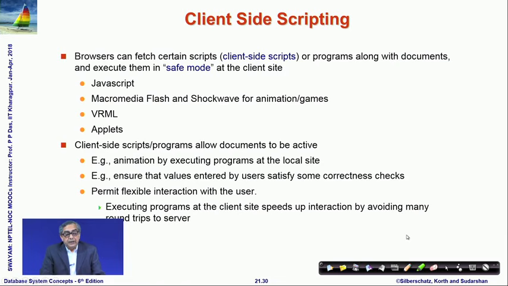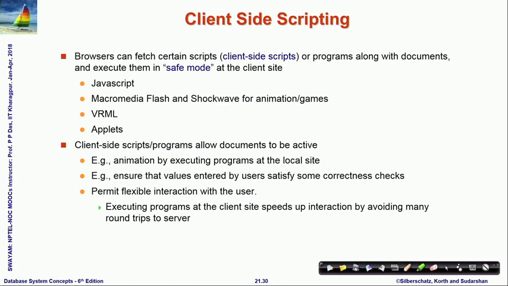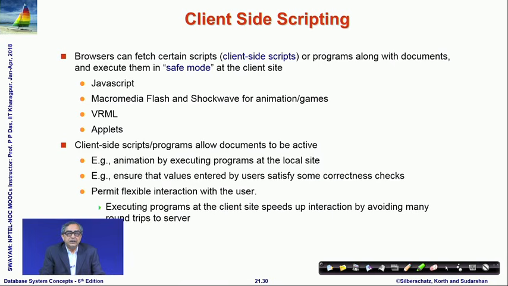Similarly, you can have scripts at the client side also. For example, if you are entering data for a month in numeric, and you happen to enter 14, then in most cases the page will immediately give you an error saying that 14 cannot be a valid month. So, there is a validation involved. In the client side, in the browser, there are some small scripts that can run.